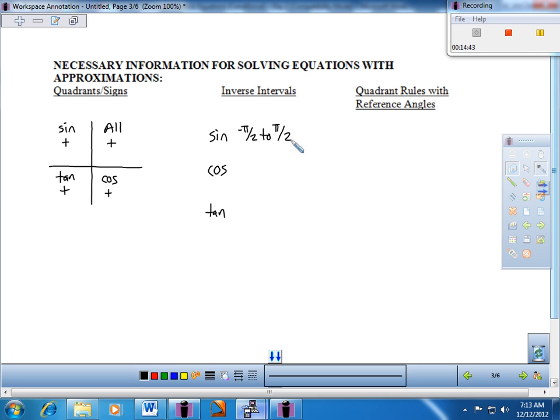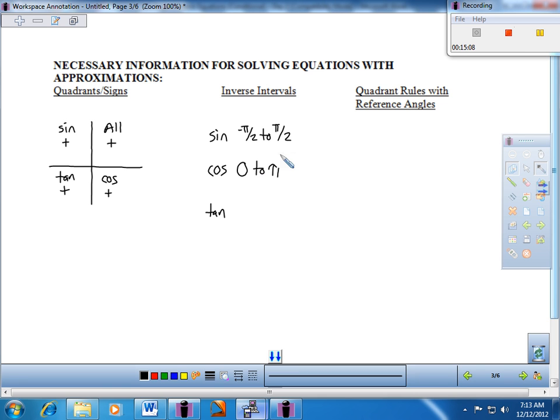to give you. So what I mean by that is when you do an inverse sine, you know that you're going to get an answer somewhere in between -pi/2 and pi/2. So if you're looking for an answer in quadrant 2, the calculator is not designed to give you that when you do an inverse sine. So we're going to have to find a way around that. Same with cosine, the interval is from 0 to pi.